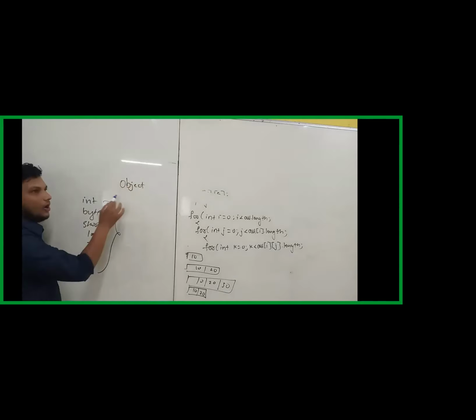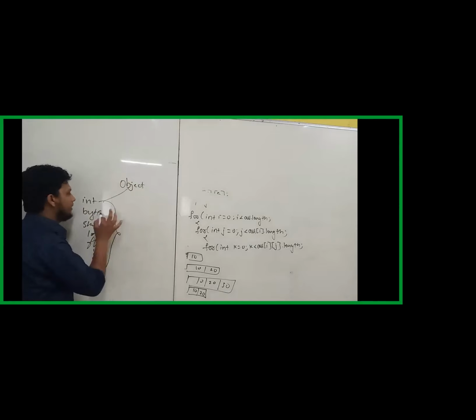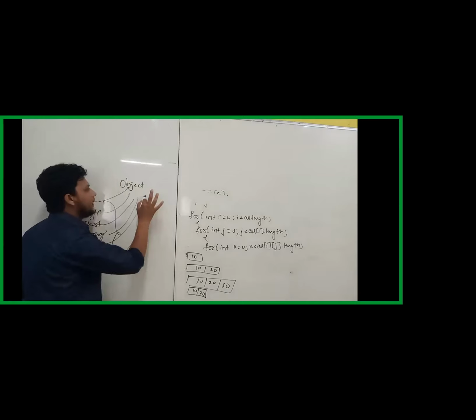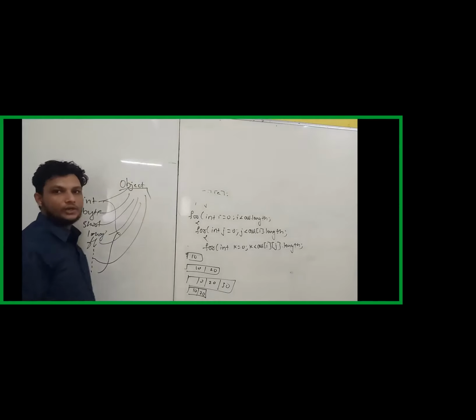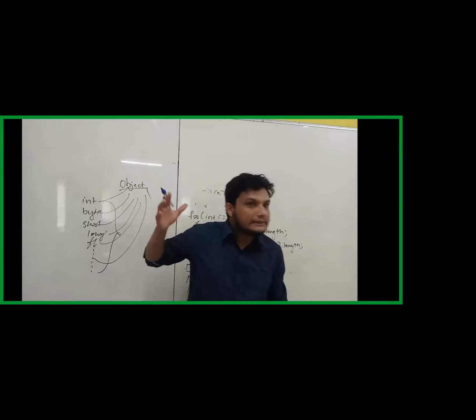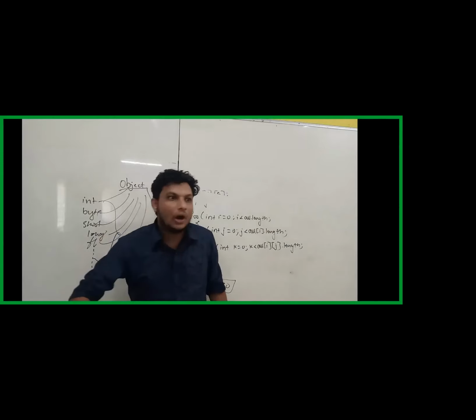This Object is the parent of Integer, Byte, Short, Long, Float. All the data types come under Object only. It is like a parent data type. It has the capability to handle all the children's data.